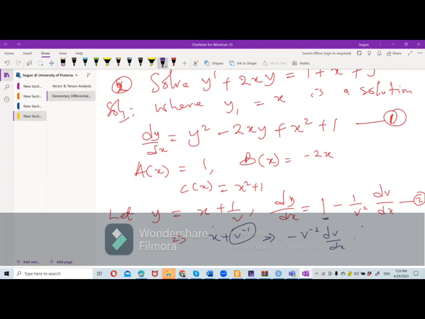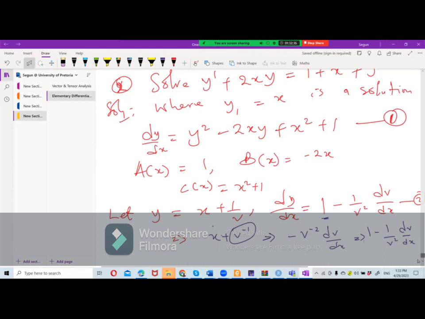So it's the same thing as minus 1 all over v squared dv dx. Do you agree with me now? Any other question, everybody? Can we continue?